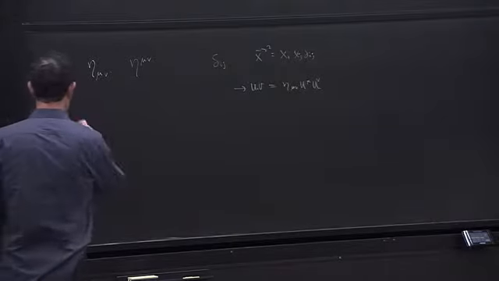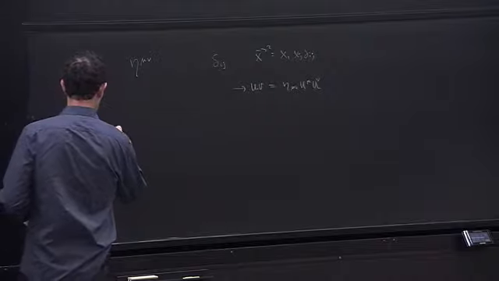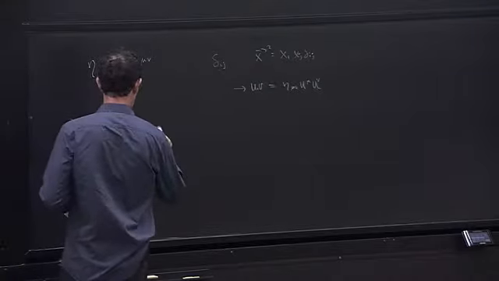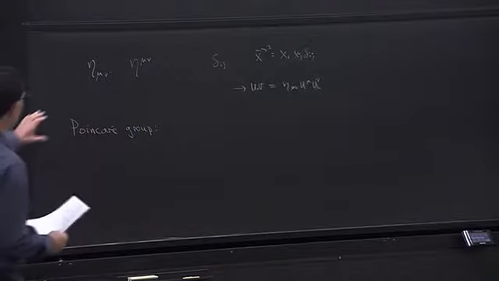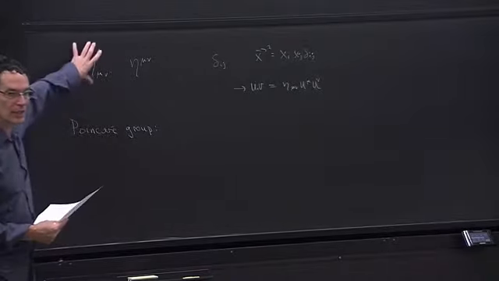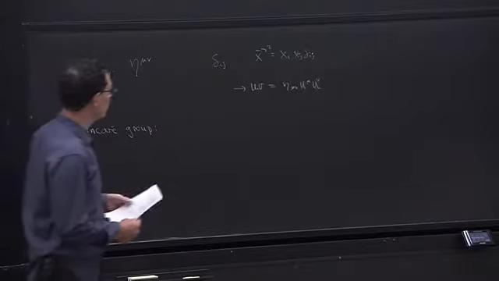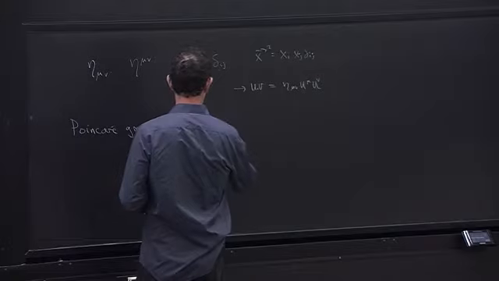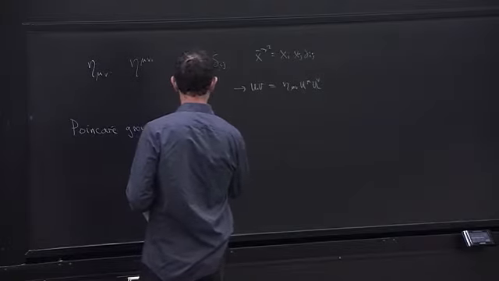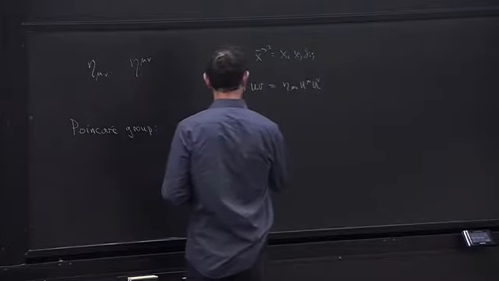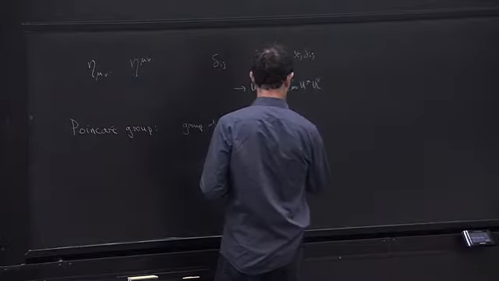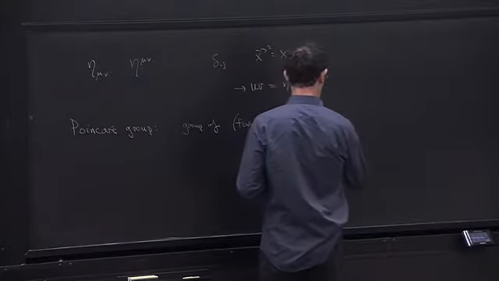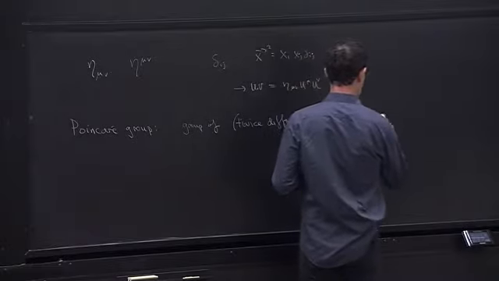And I've already mentioned the Poincare group. I'm now going to define and derive it as the group of coordinate transformations which leaves this eta invariant. Okay, so this is the group of, and it will turn out to be, twice differentiable coordinate transformations.